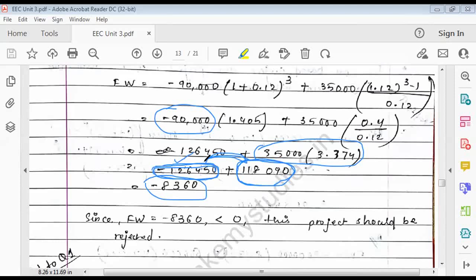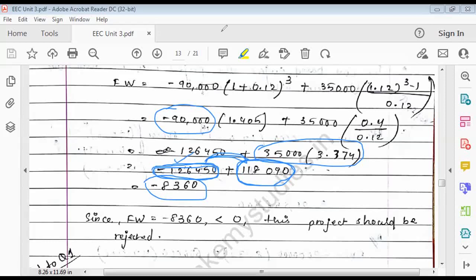That is a bad situation to be in, and that is the reason you got FW value in negative, that is minus 8360, and that is why you must reject this project. This project is not financially feasible as envisaged by the future worth method.